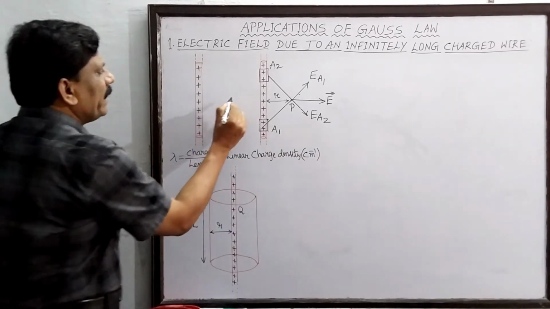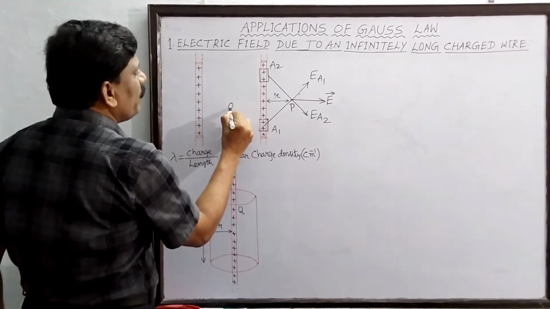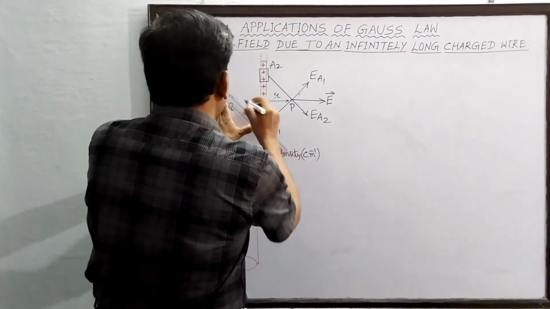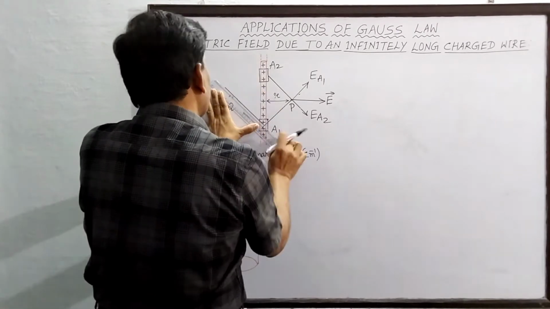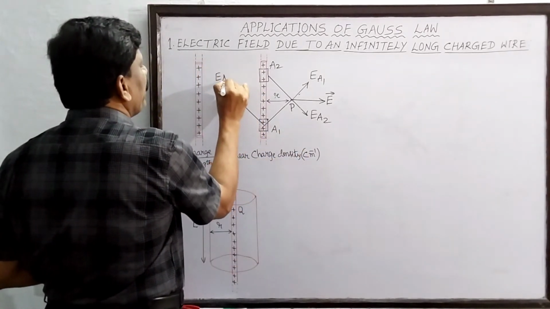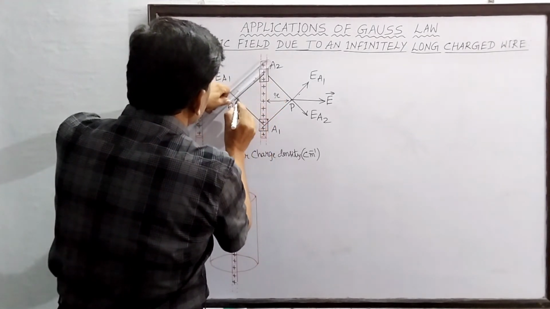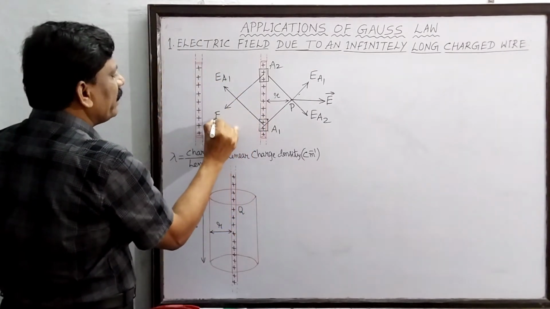Similarly, if you take another point Q here, at this point Q also there are two electric fields. One is due to the element A1, which is in this direction. So this is EA1. The other one is due to the element A2, and this is the direction of EA2.